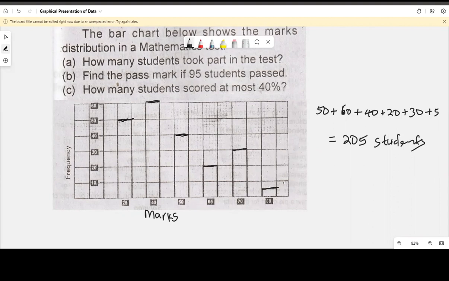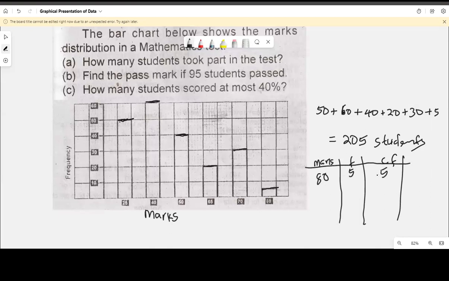So for cumulative frequency, starting from 80, how many students score 80 marks? 5. So 80 marks, let me put marks here, and then frequency, and then cumulative frequency. 80, 5 students scored that.